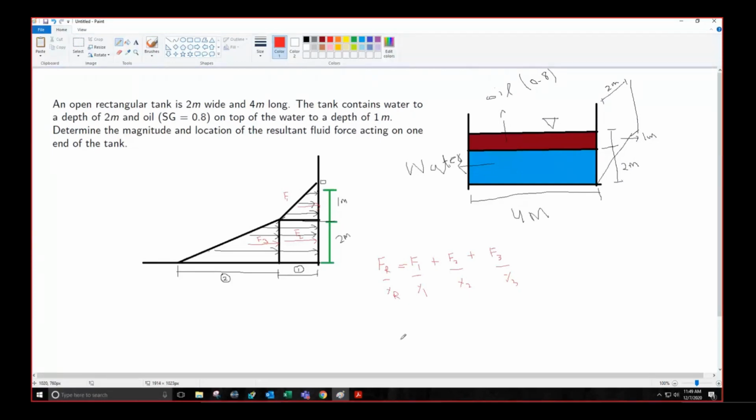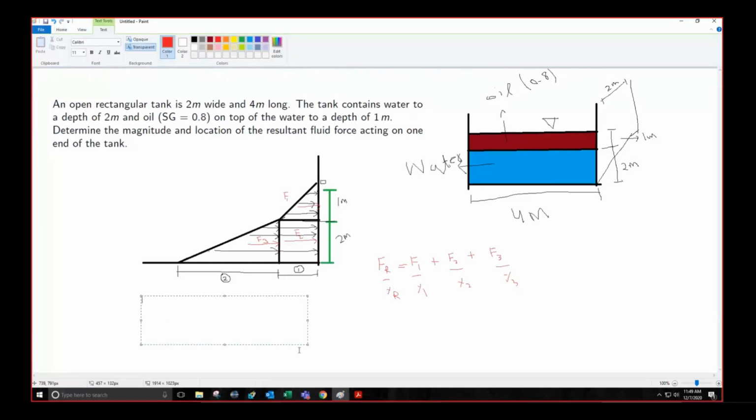So F1 would be equal to the gamma of oil H1 और ये पहला एरिया बनेगा. So F1 equals to the volume of the first prism. ऐसा ही है? Yes sir. क्या है वॉल्यूम फर्स्ट प्रिज्म की, जी बता सकते हैं? Sir, half into specific weight of oil.